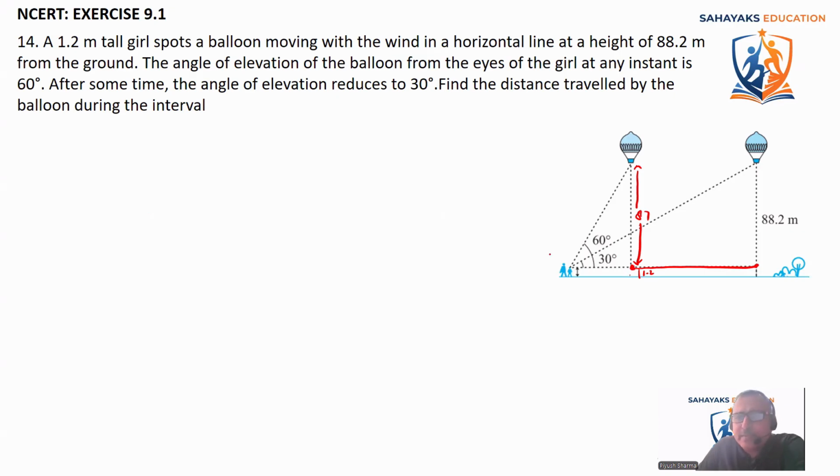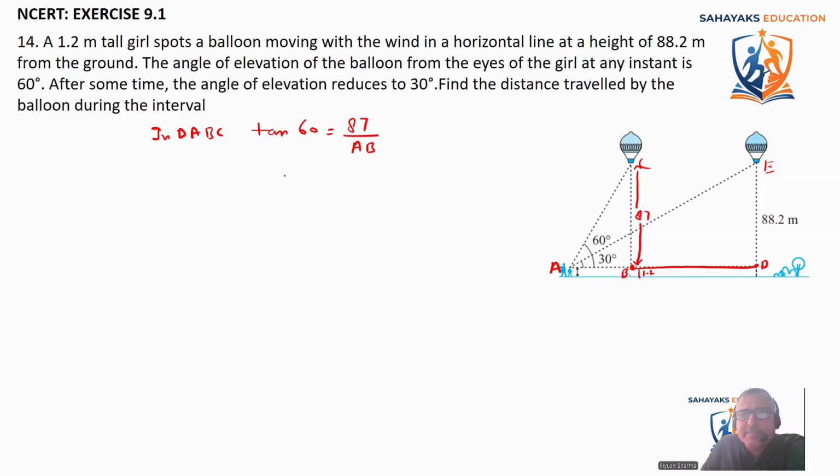So first, I'll just take this point as A, this as B, and this is C. I'll take it as D, and this is E. Okay, so in triangle ABC, I can say that tan 60 is equal to 87 divided by AB.